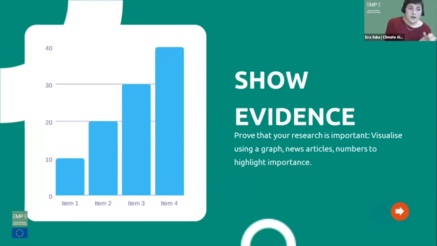I'm not talking about the outcome yet, so not necessarily graphs that are actually your research result, but everything that supports that outcome. If you have news articles that kind of back your idea of why this is a problem, why it is so important right now, use it.